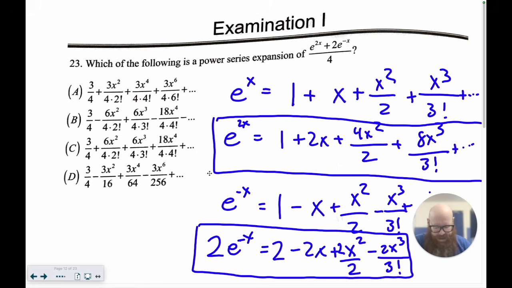So I'm really getting 3x squared over 4, so that's 3x squared over 16. But it's positive, so this one is wrong. This is 3x squared over 16, so that one's still in. This one's minus, so that one's wrong. Now this one, this is where they had 6x squared over 8.